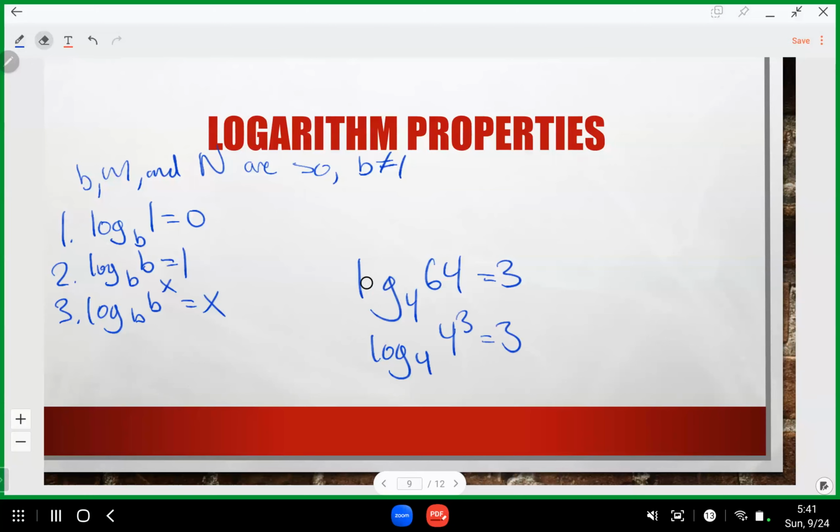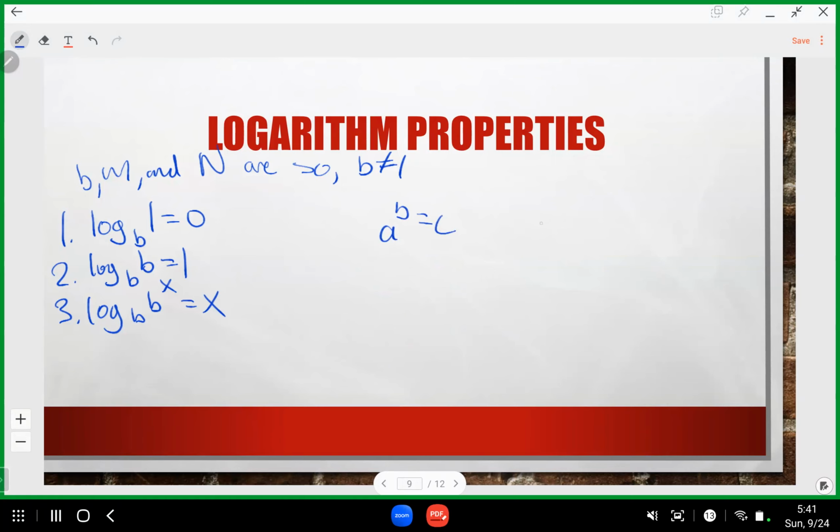So I think we can actually see this. a to the b is equal to c, and b is equal to log base a of c.